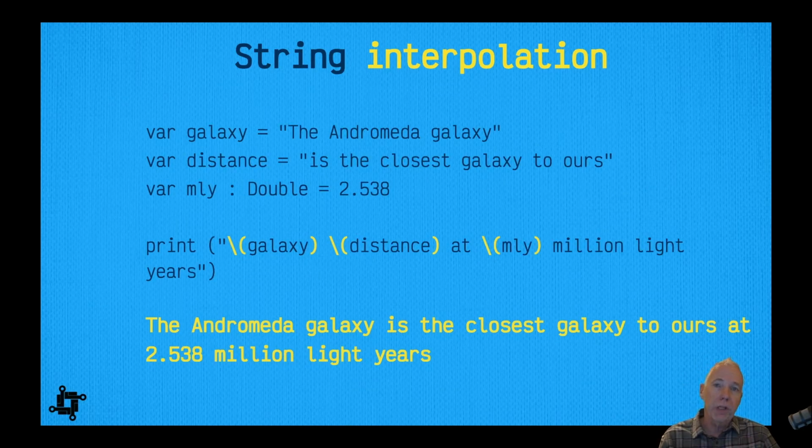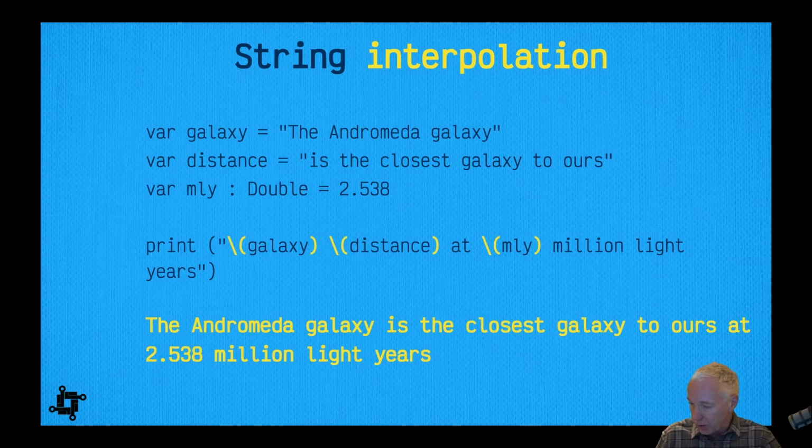So string interpolation is not just limited to strings. We can also substitute in values from other variables such as integers, doubles, booleans, and so forth. So for example, in this section right here, I'm showing a new statement var mly, which means million light years, and the double 2.538. So we can interpolate that right into our string.